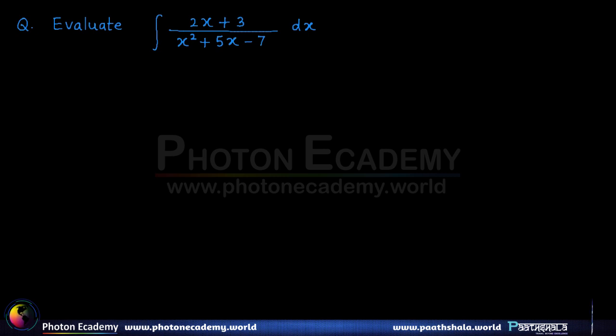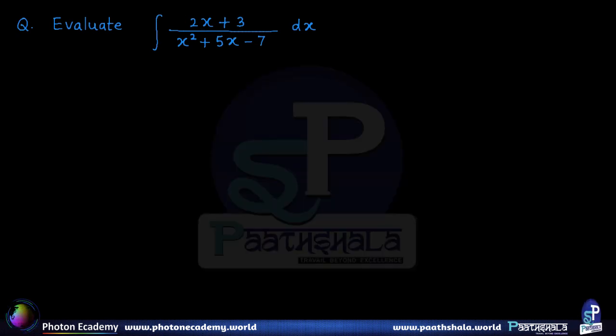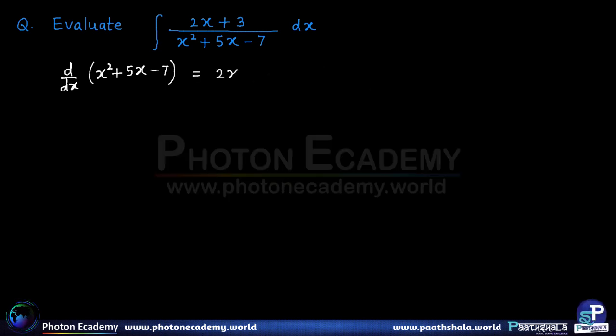Evaluate integral of 2x plus 3 whole upon x square plus 5x minus 7. So the numerator is 2x plus 3, and let us consider the derivative of the denominator, which is 2x plus 5.